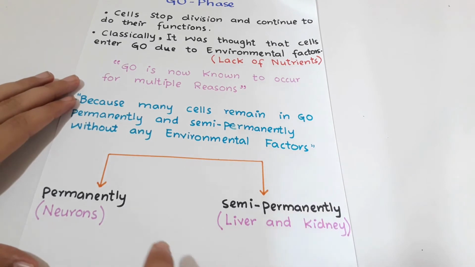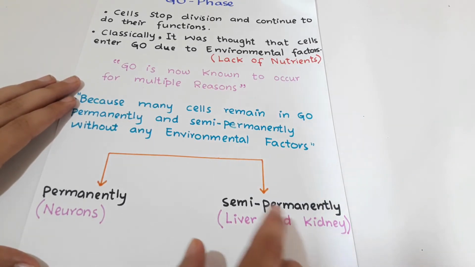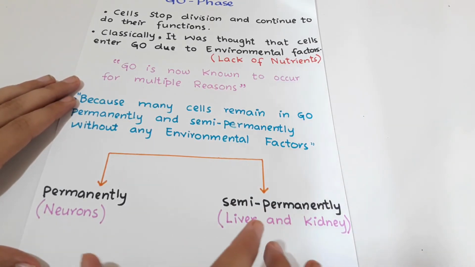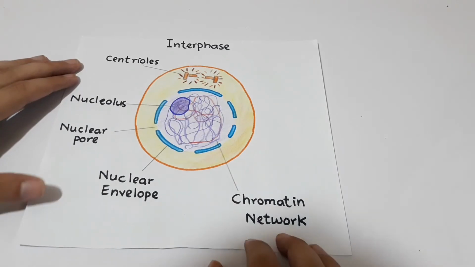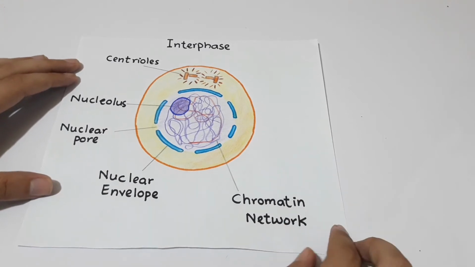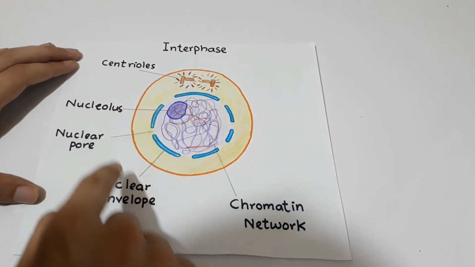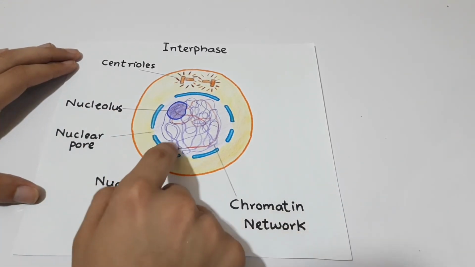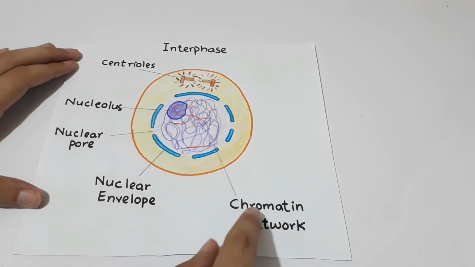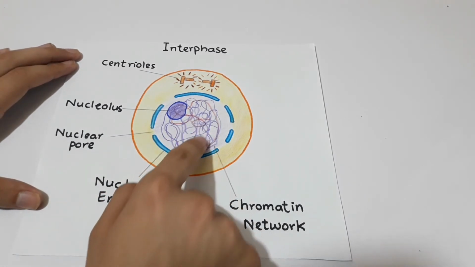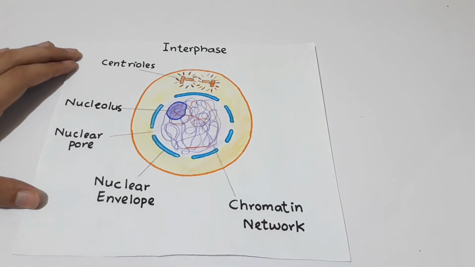But make sure that these cells which enter into a G0 phase are metabolically active. The cell in interphase looks like this. Nucleolus and nuclear envelope are clearly visible under a microscope, and the chromosomes are in the thread-like chromatin network.